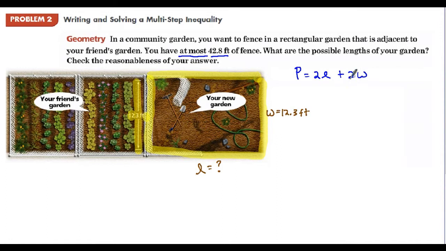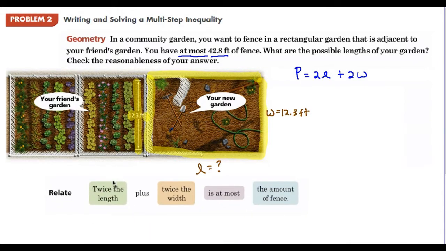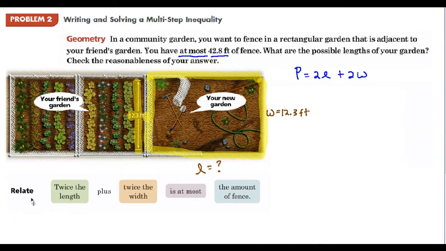But this is going to be an inequality because we cannot go beyond 42.8. So we're not going to use an equal sign, we're going to use an inequality. To relate this, we have twice the length, which is 2L, plus twice the width, with at most no more than the value of 42.8.